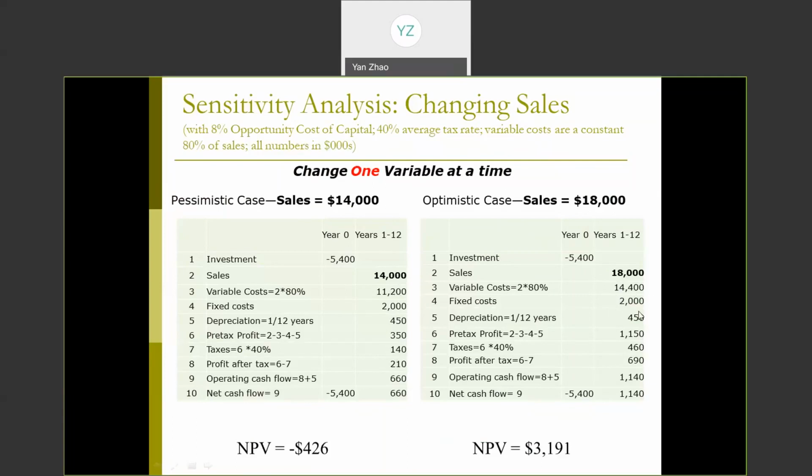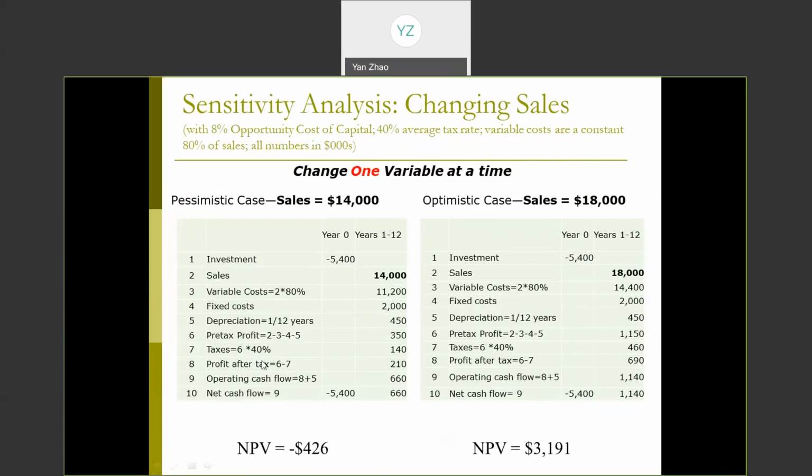Okay, now we will have to recreate the table. The variable cost will be 80% of the sales, which is $11,200. Depreciation is still initial investment divided by 12 years, which is $450. Pre-tax profits will be sales minus variable cost minus fixed cost minus depreciation, 350.